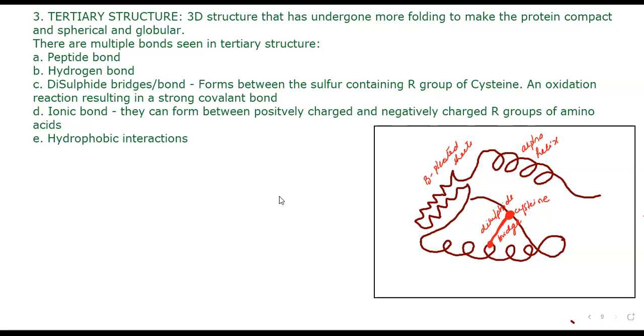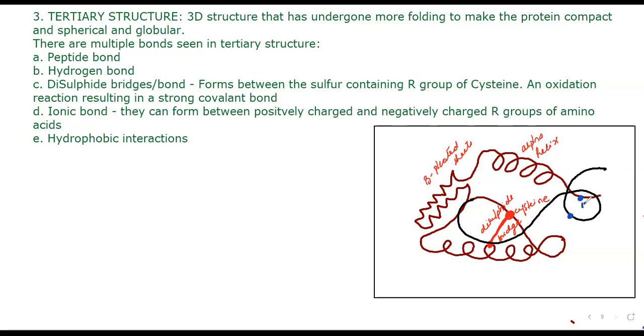For example, over here, this is just an example, it's not necessary that this is how it is, but this is my amino acid. This is my chain. Now my chain continues the folding, and for example, it develops a bond between two points.